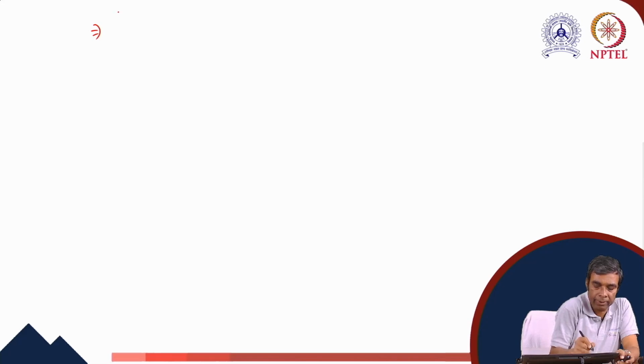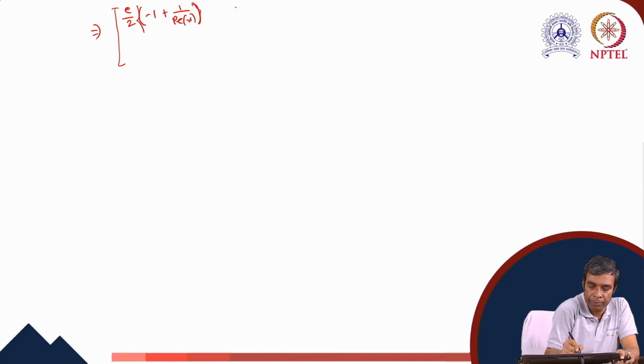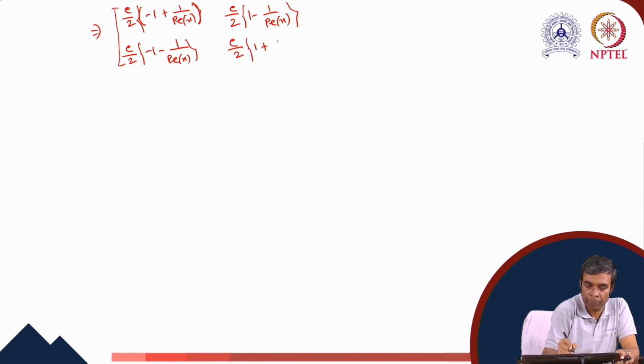This can be written as C by 2 into minus 1 plus 1 by Pex, next C by 2 into 1 minus 1 by Pex. Here we have C by 2 into minus 1 minus 1 by Pex, and finally C by 2 into 1 plus 1 by Pex.